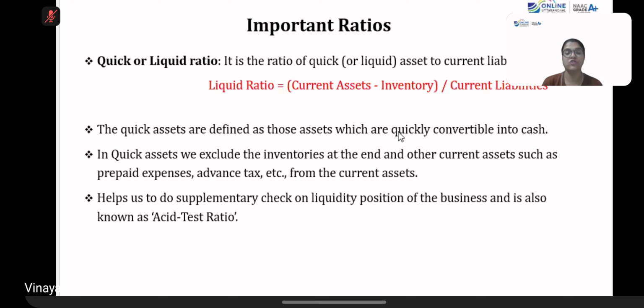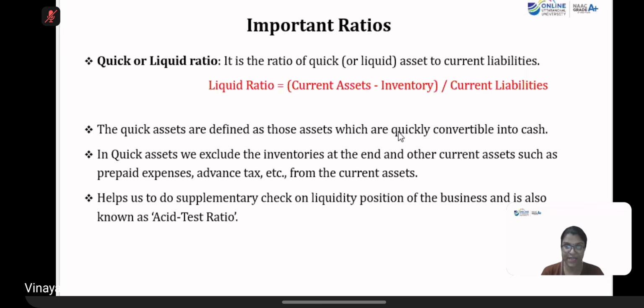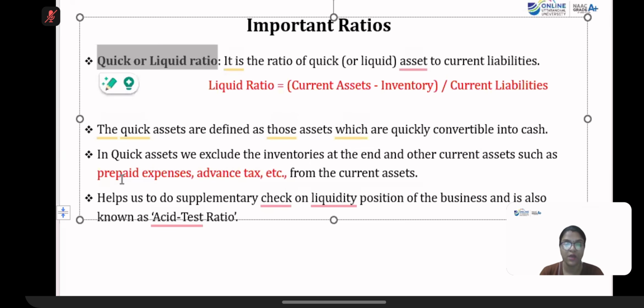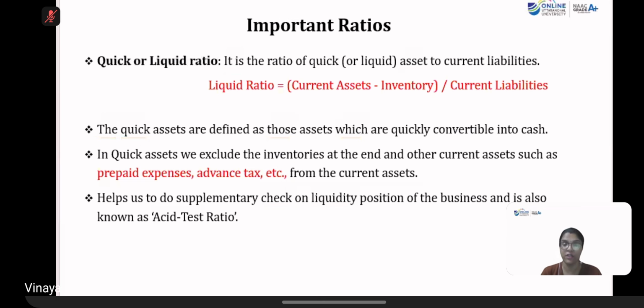Liquid or quick ratio is that which has the ability to meet its short-term liabilities using the most liquid assets. अब आप बोलोगे इसमें और करंट रेशियो में क्या डिफरेंस है? इन दोनों में सिर्फ यही डिफरेंस है, जो हम current assets में ये assets लेते हैं जो हमारे easily convert हो सकते हैं cash में within the period of 12 months, correct? But यहाँ पे जब आप वो consider करते हैं 12 months का period, उसमें आप ये चीजें exclude करेंगे when you calculate liquid ratio. इसके अलावा कोई भी दूसरी चीजें होगी that you will include, because these are also your current assets part, but you will exclude when you calculate liquid assets or quick assets. Okay, that is the only difference.